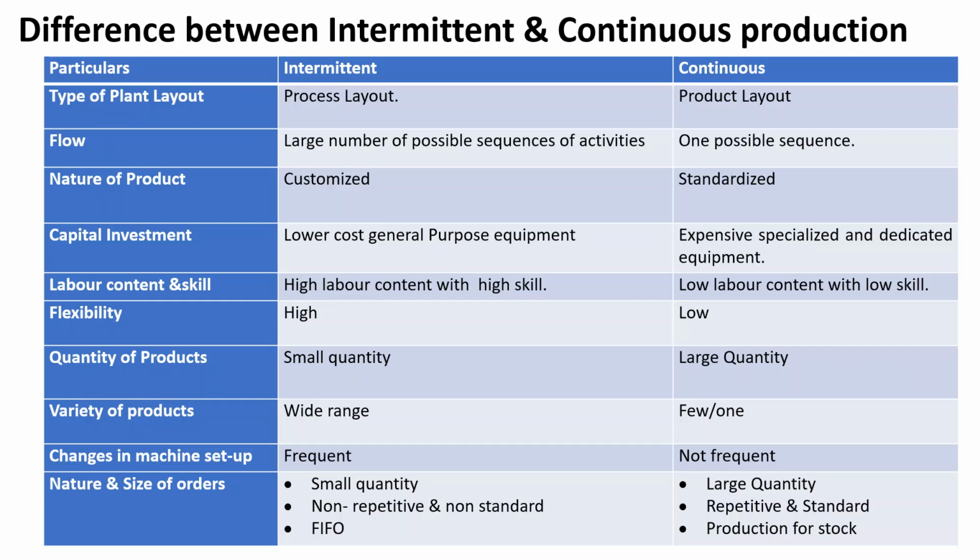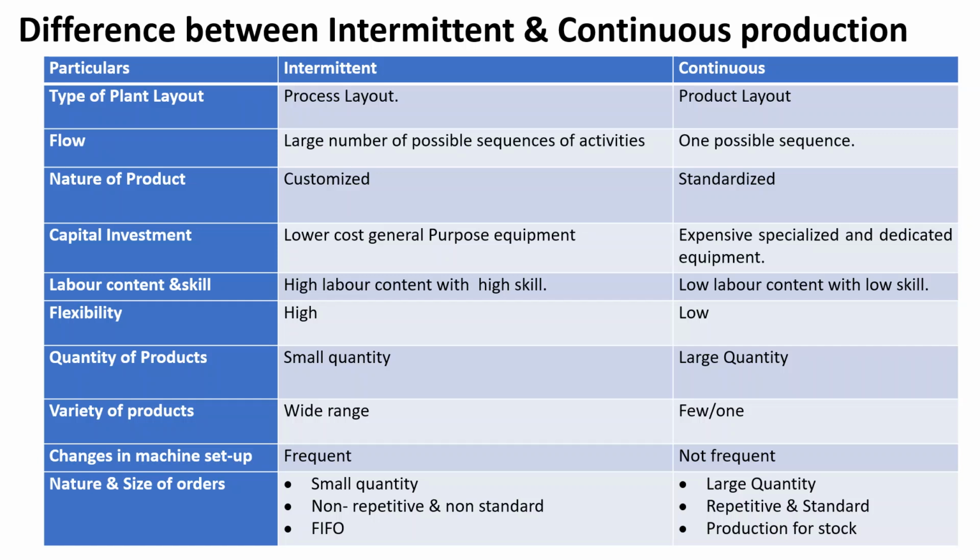Coming to nature of product, in case of intermittent production system, we produce customized products. In case of continuous production system, we produce standardized products. Capital investment is low in case of intermittent production system, as we use low cost general purpose equipment, but in case of continuous production system, the capital investment is high because we use expensive specialized and dedicated equipment.